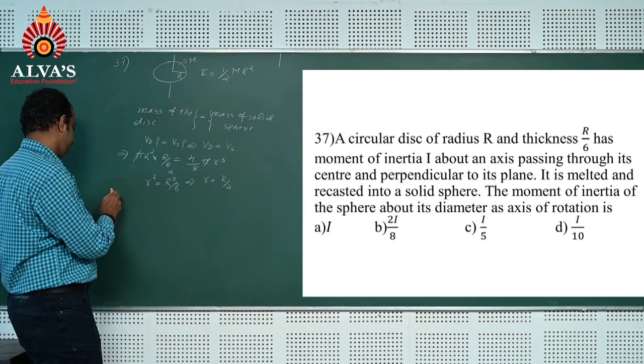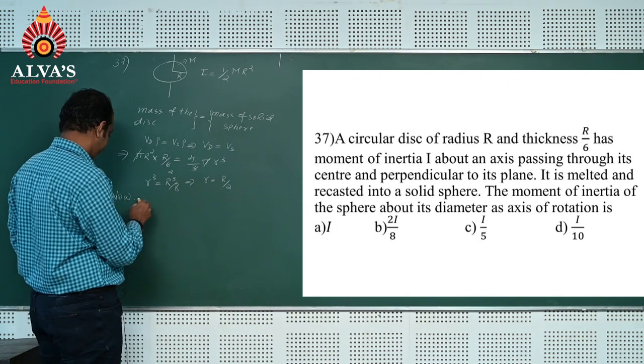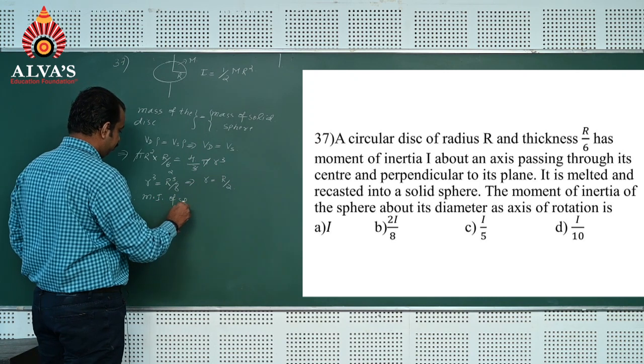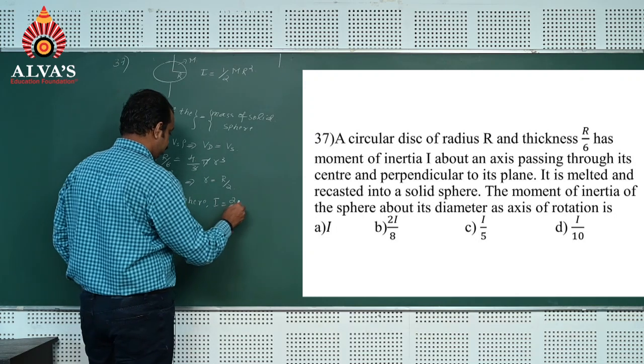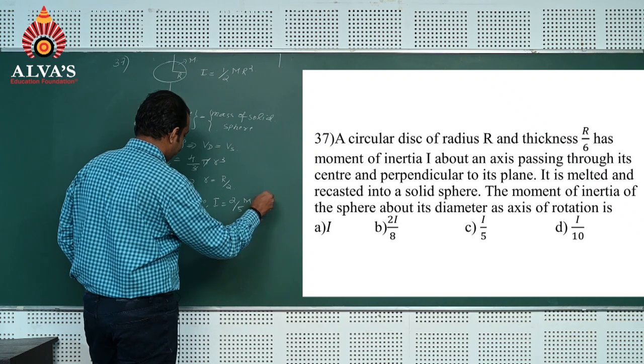Now, moment of inertia of the sphere. Moment of inertia of a sphere, I is equal to 2 by 5 m r square.